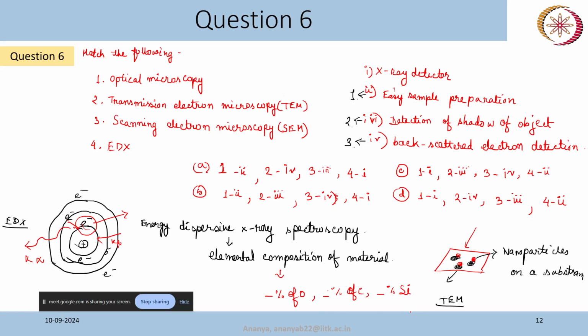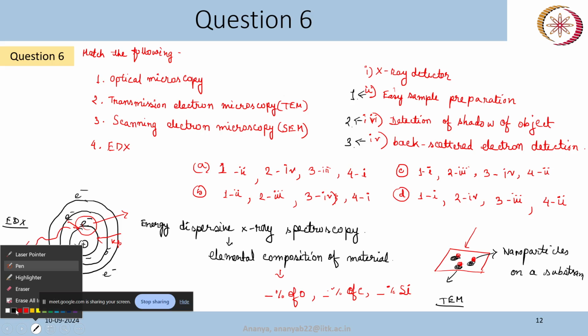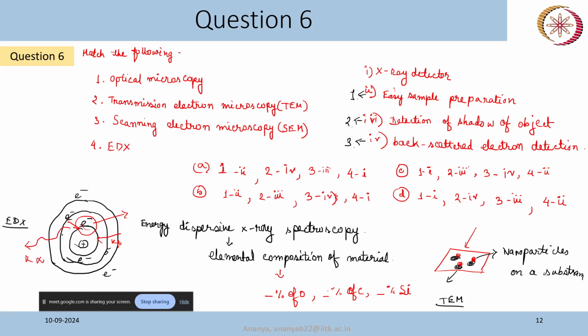By looking at these numbers, you can say whether you are getting the correct composition or not, and if there is any impurity in your material. Okay, this is about EDX. So EDX needs an X-ray detector because it is detecting the energy of this characteristic X-ray.